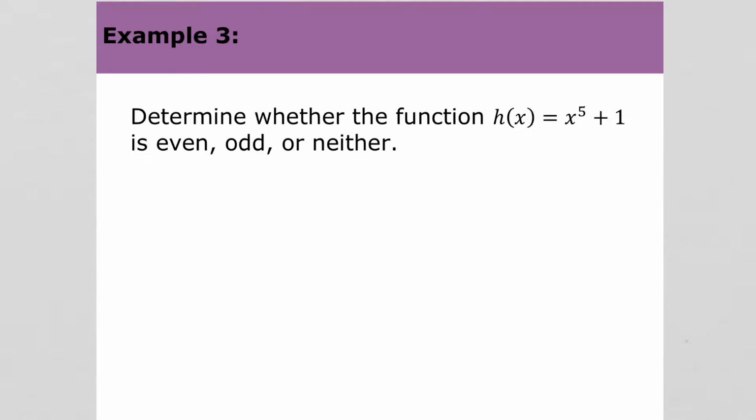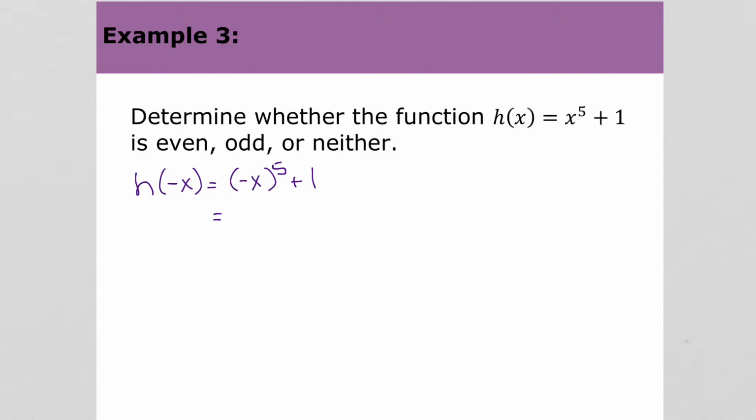h of x is equal to x to the 5th plus 1. So we first need to find h of -x. Now what does that mean? It means wherever there's an x, you put in -x. If we do that, -x to the 5th.